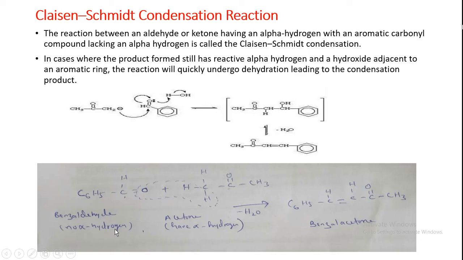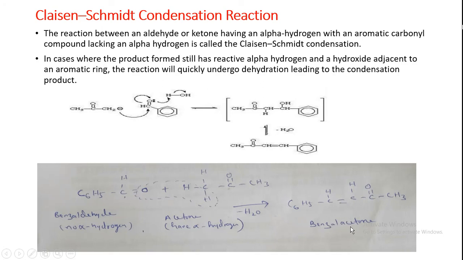So they will react, H2O will come out, and that reaction is known as condensation reaction. Ultimately we get C6H5CH=CH-C(=O)CH3, and this compound is known as benzalacetone.